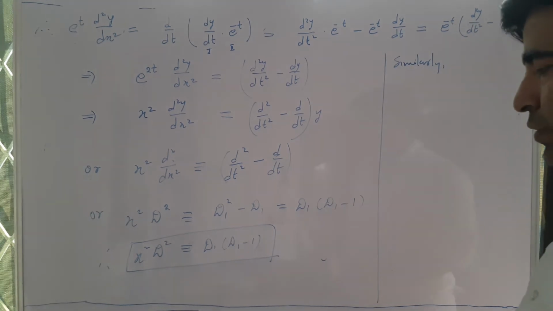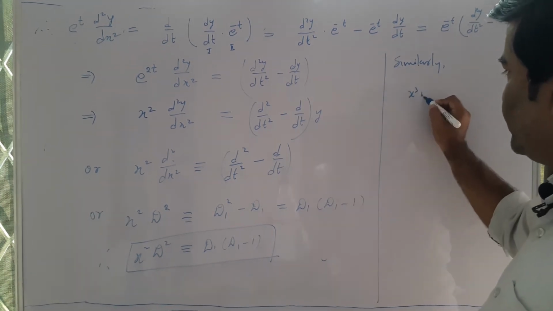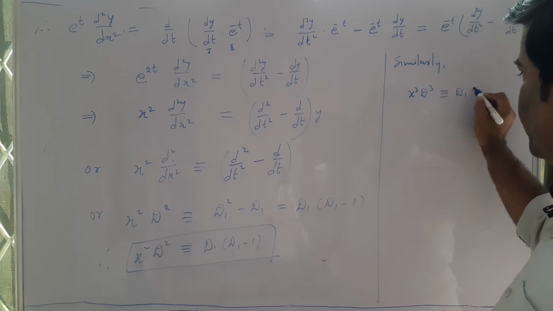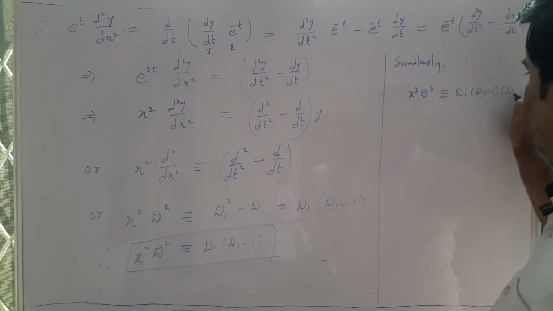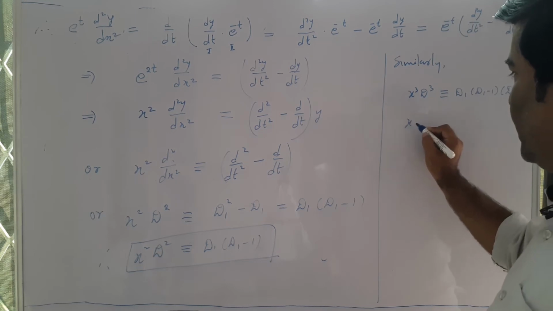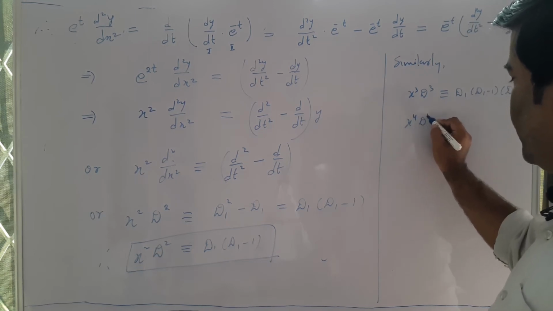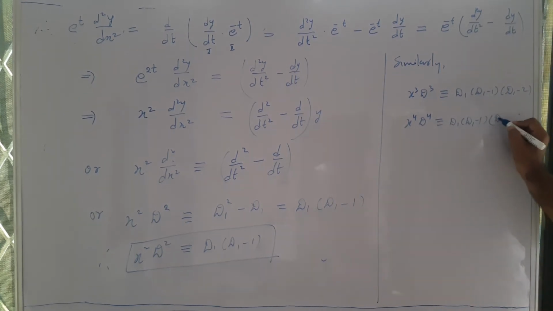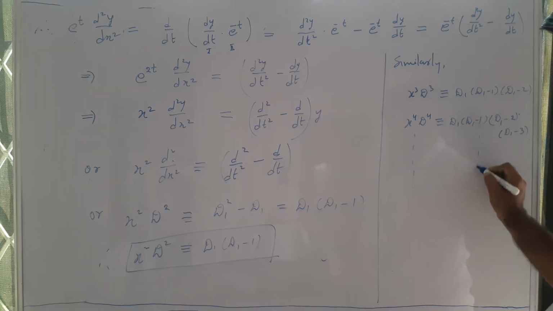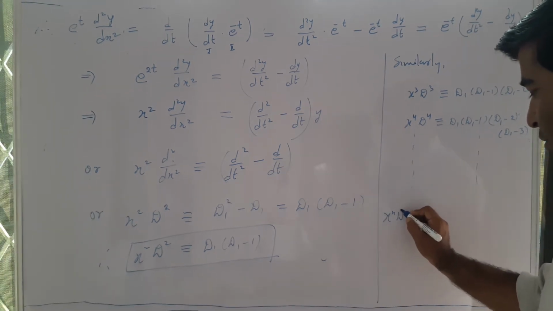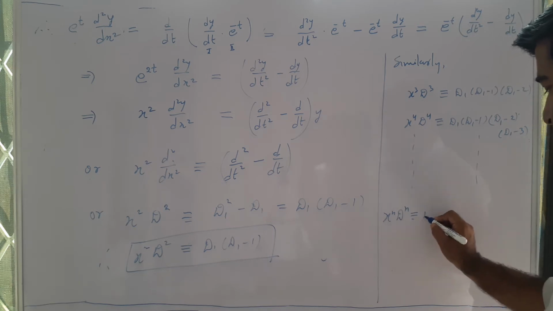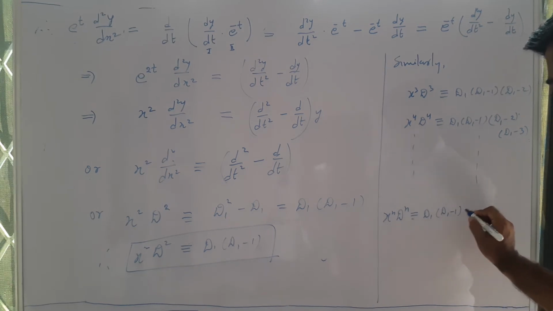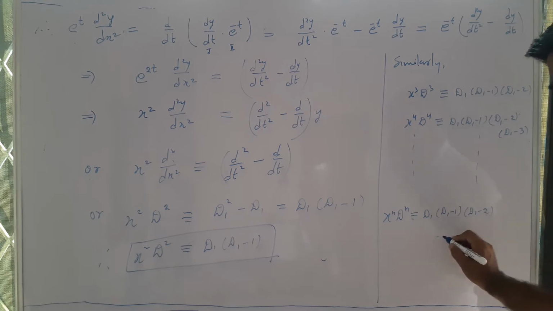Similarly, we can show that x cube D cube is D1 D1 minus 1 D1 minus 2, and x4 D4 is D1 D1 minus 1, D1 minus 2 and D1 minus 3, and so on.